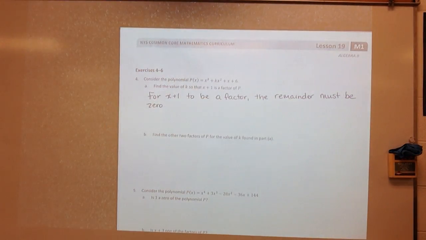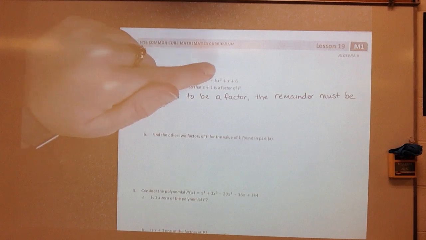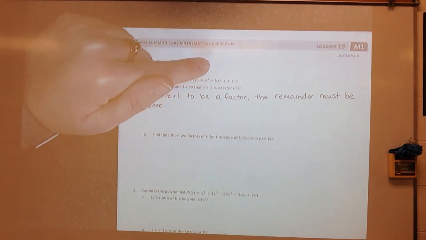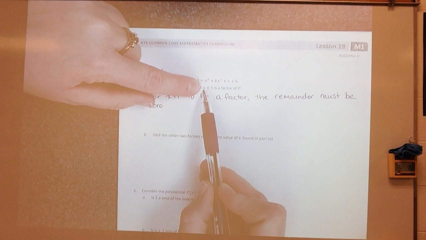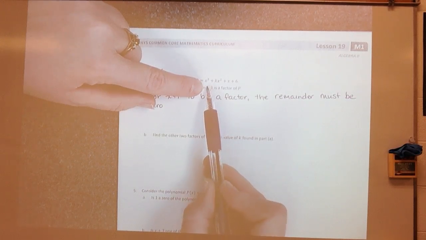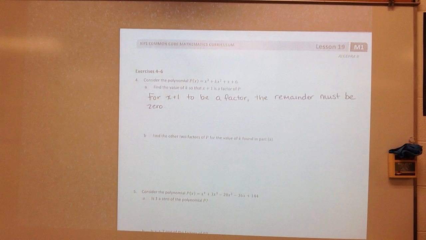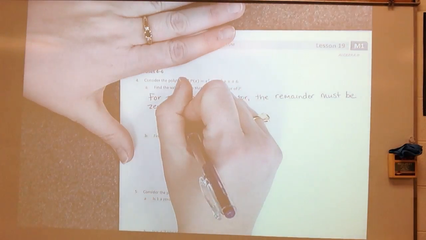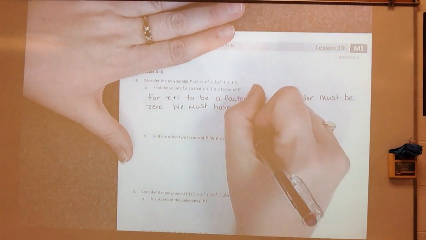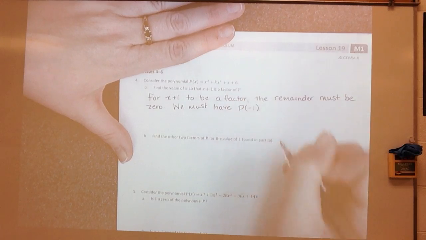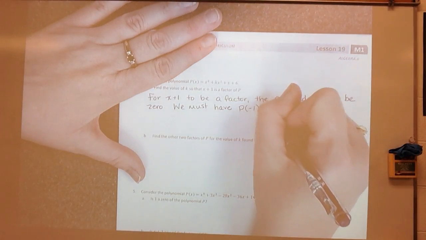Now, since I want my remainder to be 0, what I can do is look at figuring out that remainder. If you remember, I told you that I am going to basically substitute the opposite of positive 1 in for x. So we must have p of negative 1 equal to 0.